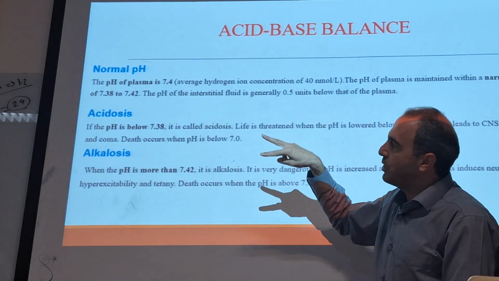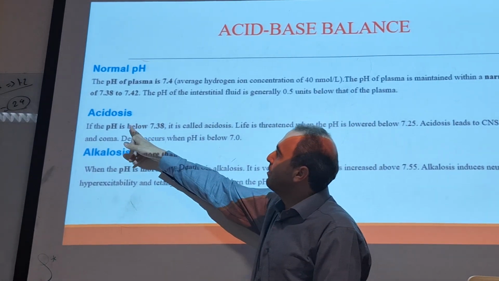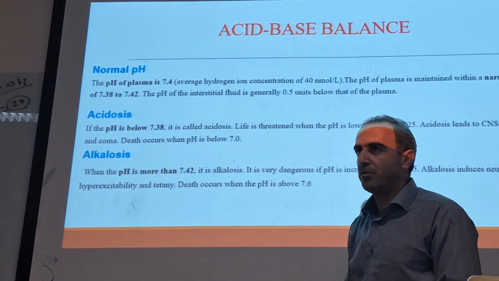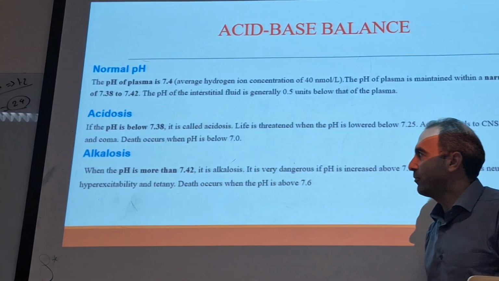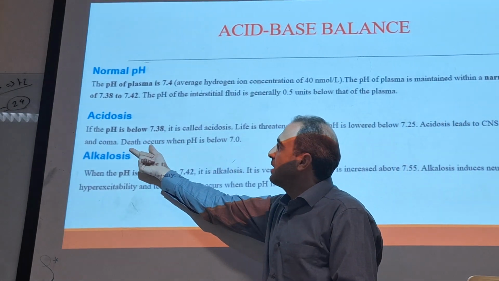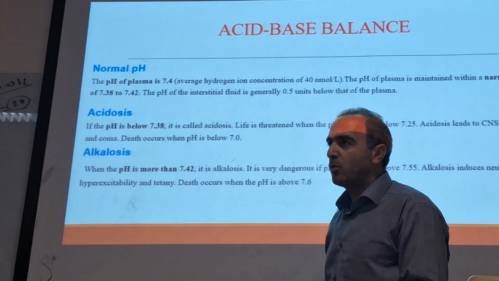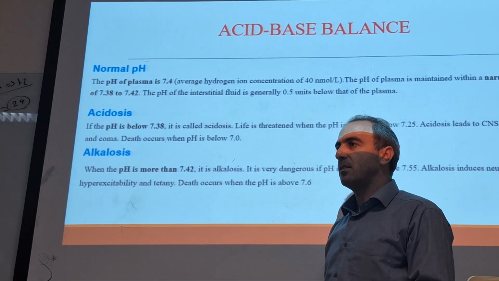We have two situations, acidosis and alkalosis. Acidosis means pH is below 7.38 and alkalosis is more than 7.42. Death can occur when pH is below 7 and when pH is above 7.6.